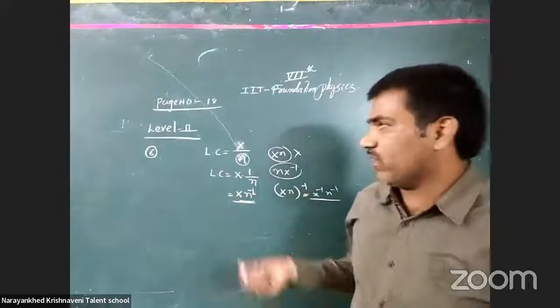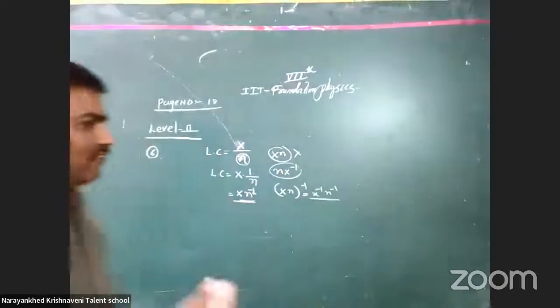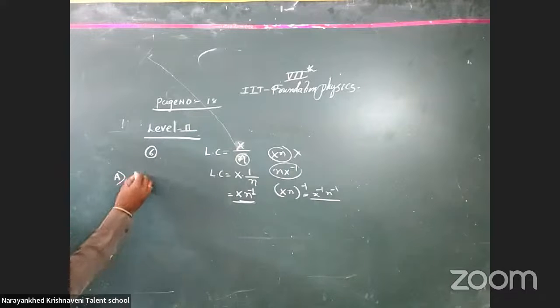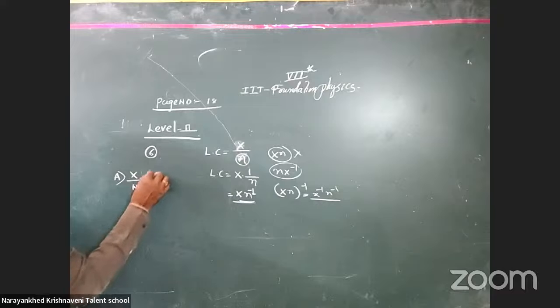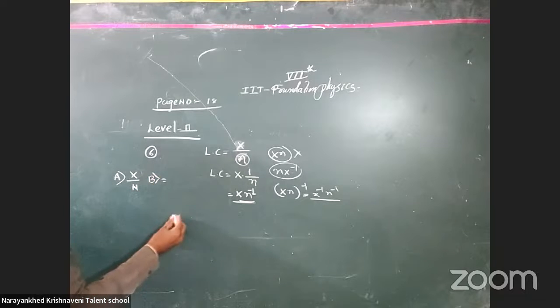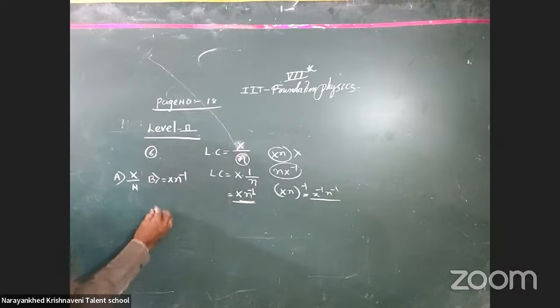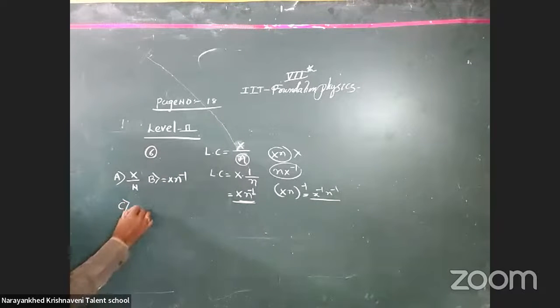Now suppose in our textbook the answers are given like this. It is for a question. A is x by n. B is written as x to the power of n minus 1, and C is written as something else.